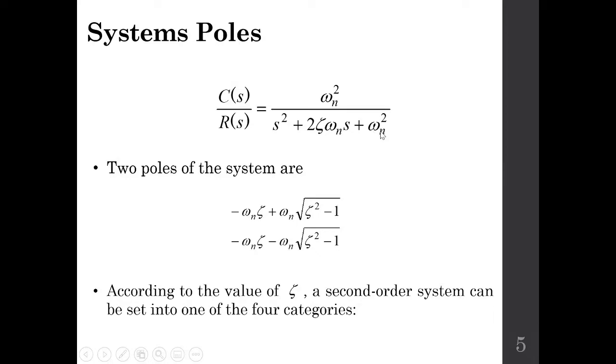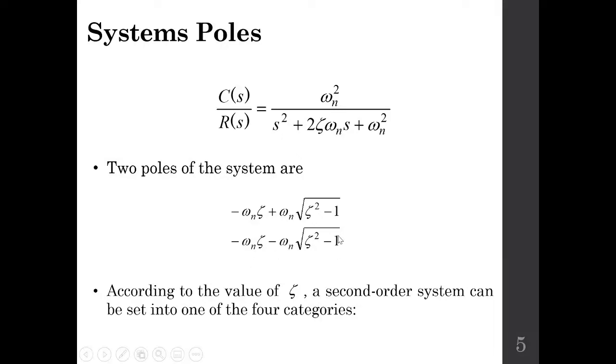You can simply factorize this equation, or otherwise you can also apply the quadratic formula. I have applied the quadratic formula to find out the poles of the system, which are minus omega_n zeta plus omega_n square root of zeta^2 minus 1, and then another pole, minus omega_n zeta minus omega_n square root of zeta^2 minus 1.